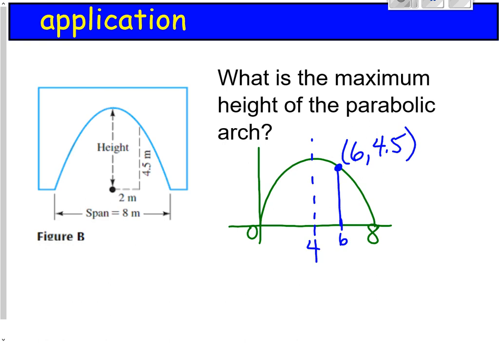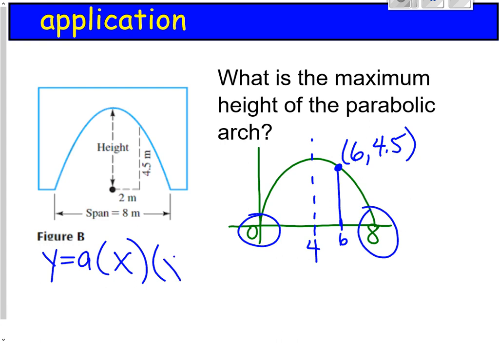What they're looking for is what is the height. So again, we're going to need an equation. This time we're not given a vertex, so we're forced to use our factored form, which is fine by us. I'm going to begin by putting in my zeros, my x-intercepts. So there's one here, so x minus 0, so I'll just leave it as x. And there's one over here at x minus 8. So it's a positive 8, but when it goes back into our equation, it becomes a negative 8. And then we're going to use this point right here that they gave us.